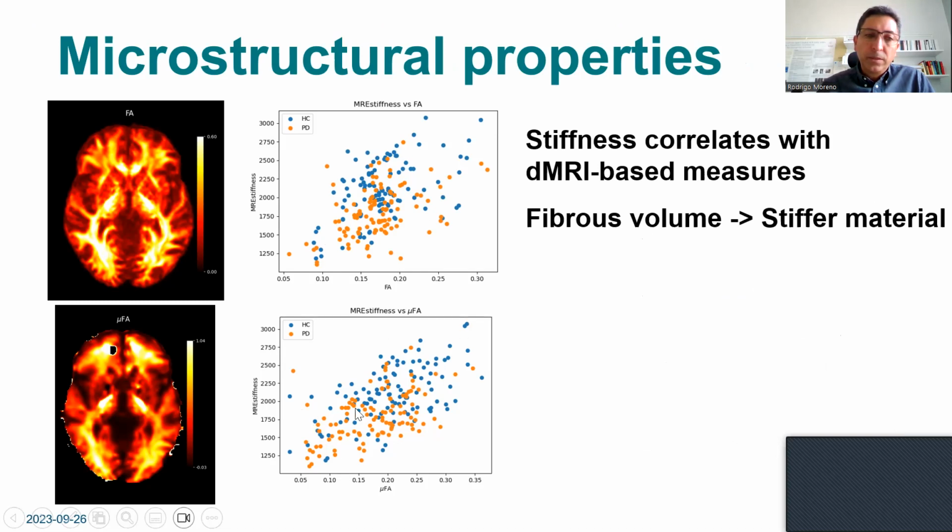Also here in this other plot. So one hypothesis here is that maybe the fibrous volumes create a stiffer material. So that's why it creates this correlation. But this is something that we are now looking into in more detail to see if we can explain that correlation.